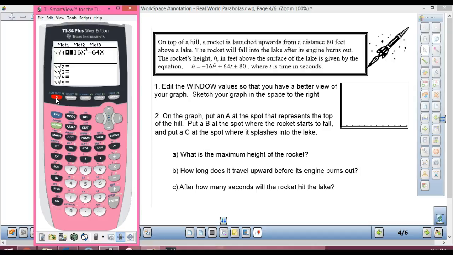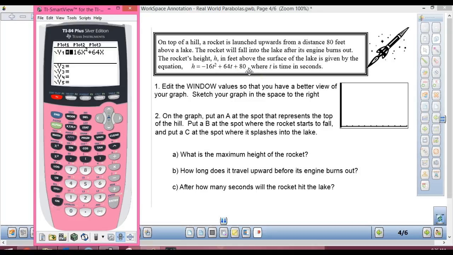So this is 80 feet high, and my rocket is getting launched from right here. Okay, so it's going to go up, up, up, up, up, right? Before it drops into the water. Okay, so that's what this 80 right here stands for. Okay?